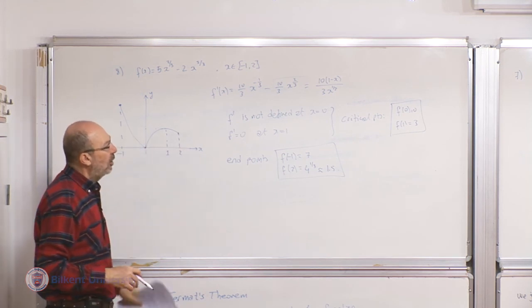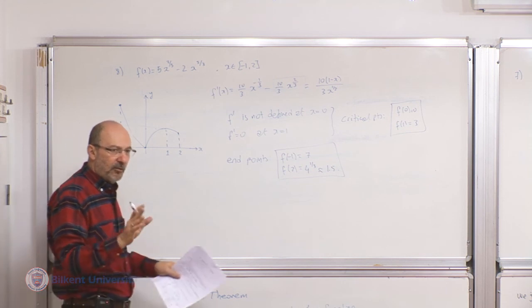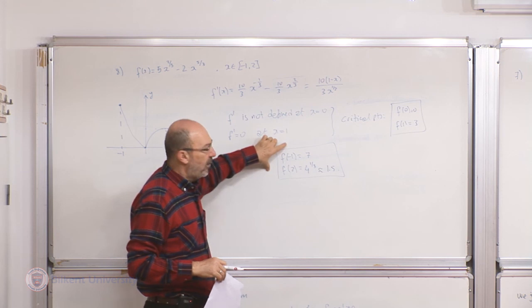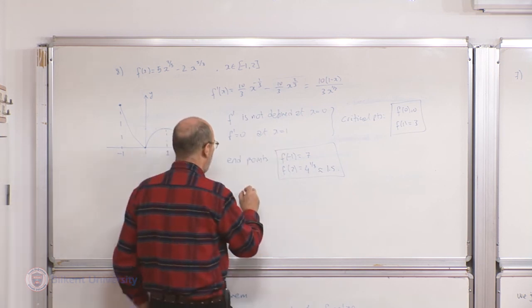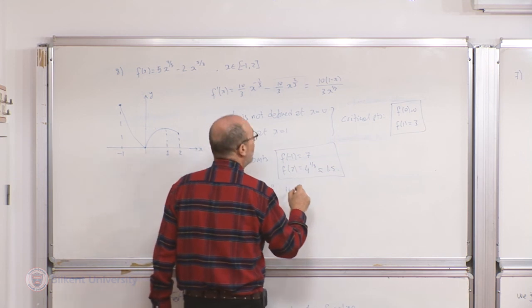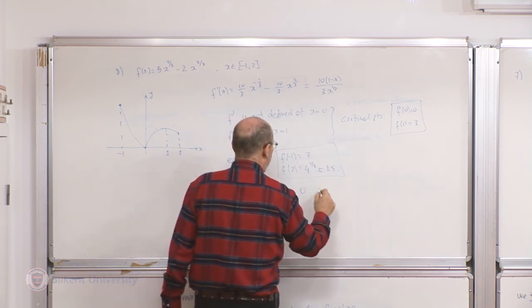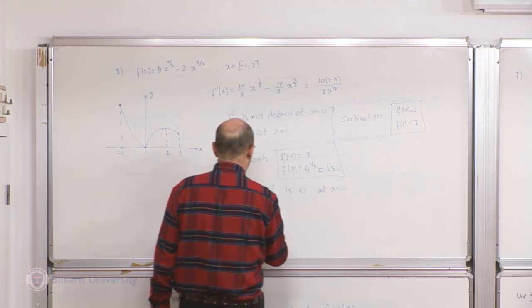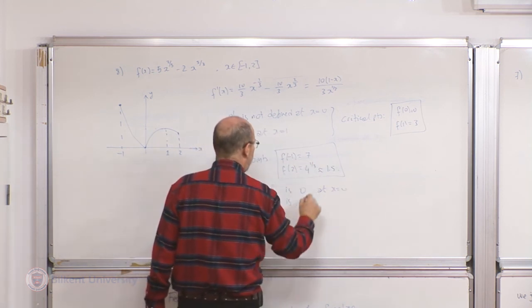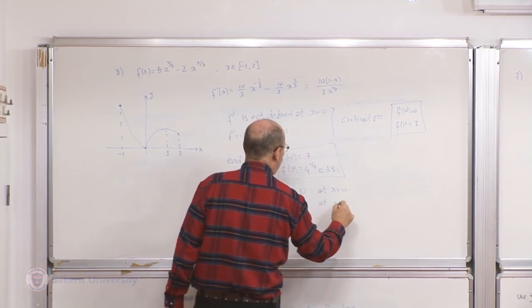Looking at these numbers, that's where calculus reduced the work. Instead of examining all these points, I now examine only 4 points. So the minimum of f is 0 at x equals 0. The maximum of f is 7 at x equals minus 1.